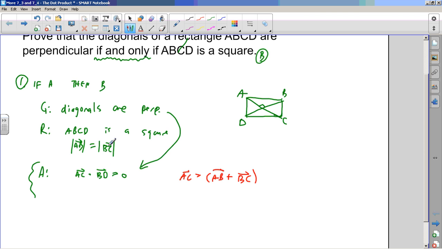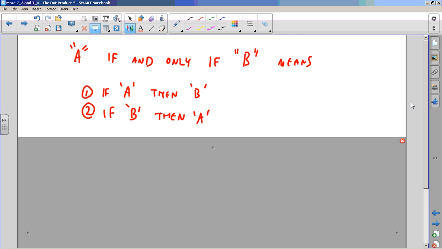Similarly, BD, that vector there, is BC plus CD. Starting with something that's true, BC plus CD, and I don't need those brackets in there. But at some point I can see that I'm going to use some properties of the dot product.